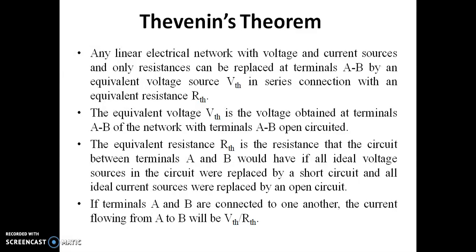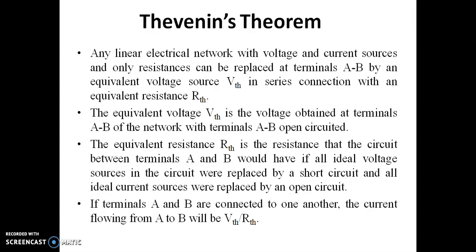Thevenin's theorem. Any linear electrical network with voltage and current sources and only resistances can be replaced at terminals A, B by an equivalent voltage source VTh in series connection with an equivalent resistance RTh. The equivalent voltage VTh is the voltage obtained at terminals A, B of the network with terminals A, B open circuited.